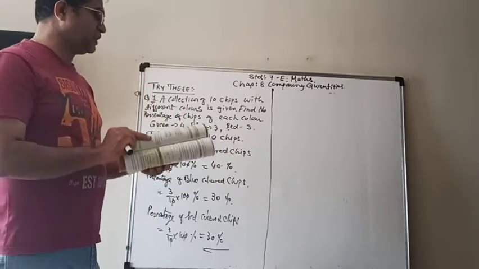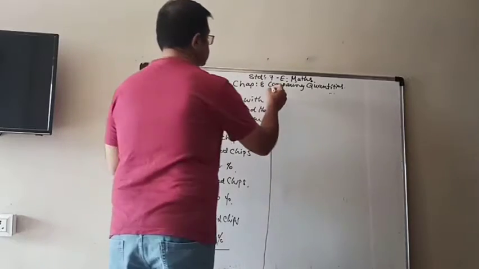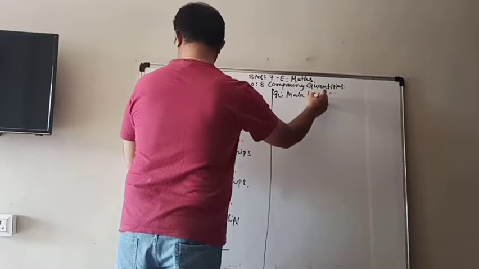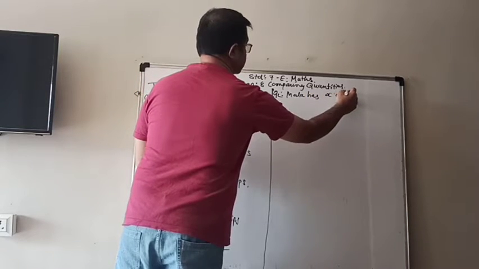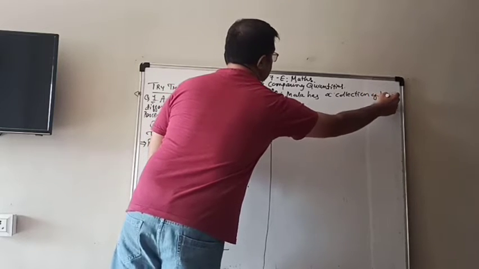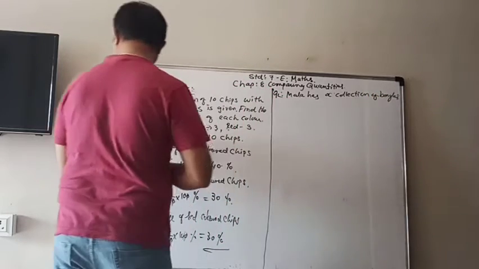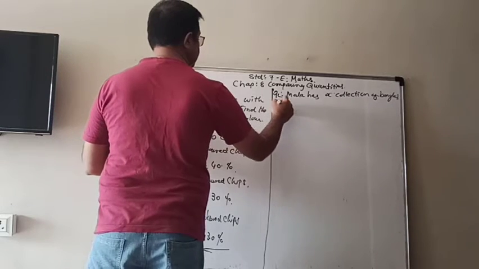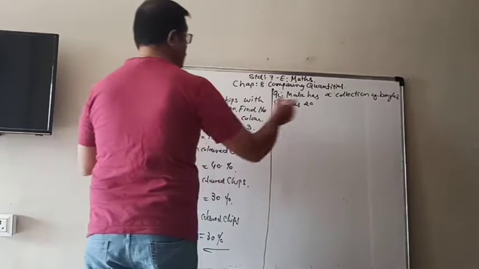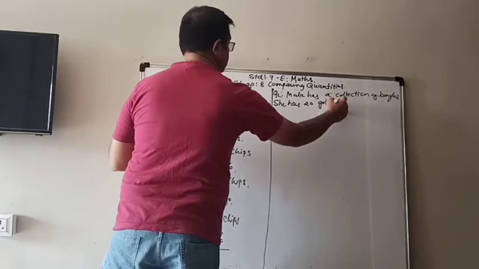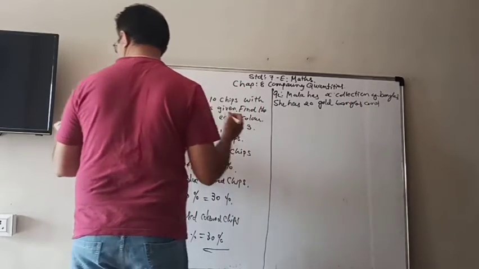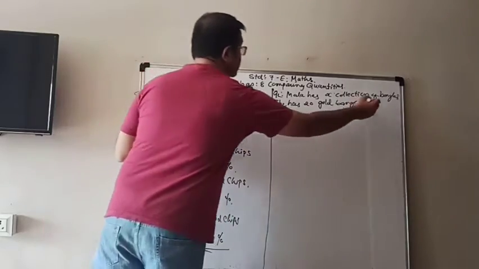Here the second question is that Mala has a collection of bangles. She has 20 gold bangles and 10 silver bangles.